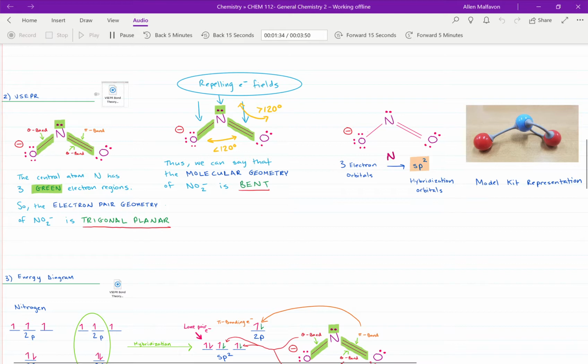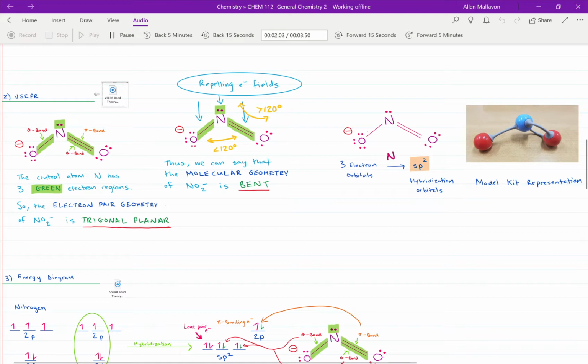So this lone pair of electrons is pushing down on the angle that we understand to be 120 degrees and making that angle between the oxygen atoms even smaller. So instead of having a trigonal planar molecular shape, which is the default, we would say that its molecular shape is bent.